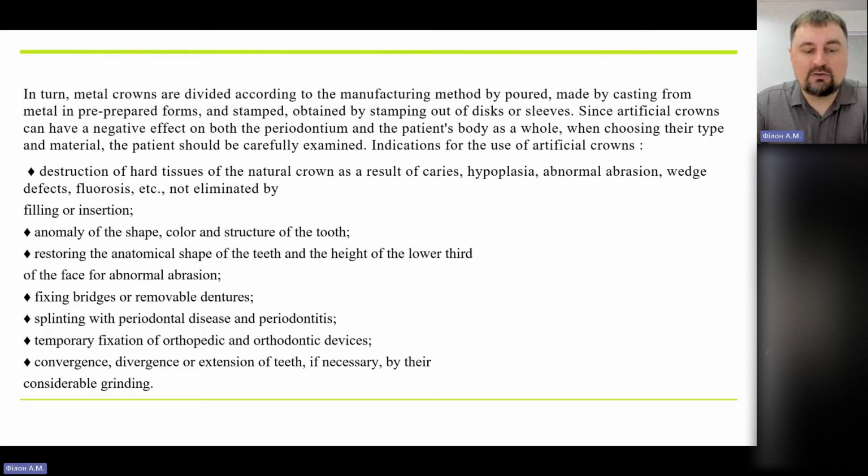Divergence or extension of the teeth if necessary, considering their breeding. You can place one-piece crowns when you're using devices for orthodontic treatment, and these crowns are going to glue that orthodontic device to the teeth for the period of the treatment. So it's working. Temporary fixation, of course.